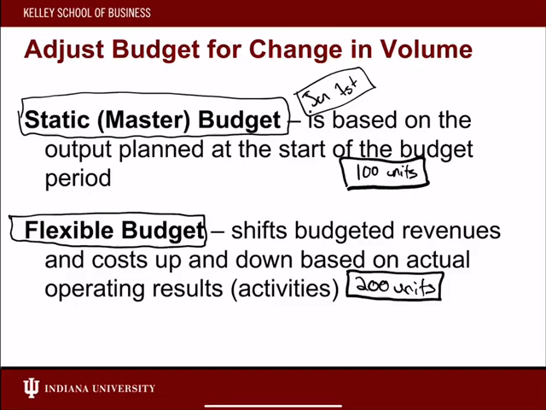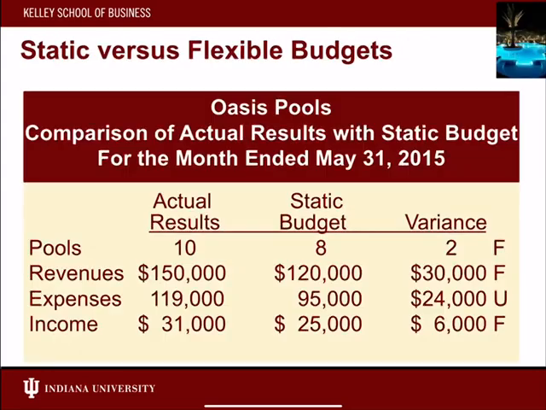We keep the ratios of expenses and revenue that we had for 100 units, but we flex those numbers by doubling them all to this 200 unit mark. It could be kind of confusing, so once we do a couple practice problems, it'll really help you understand what we mean when we say we're going to flex that budget. So let's dig in and see how this works.